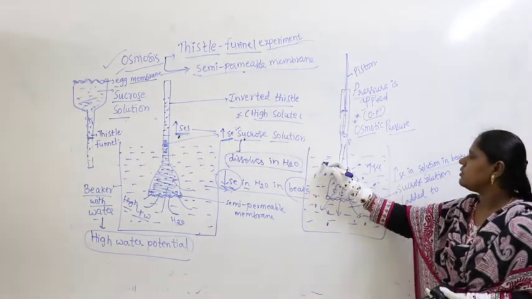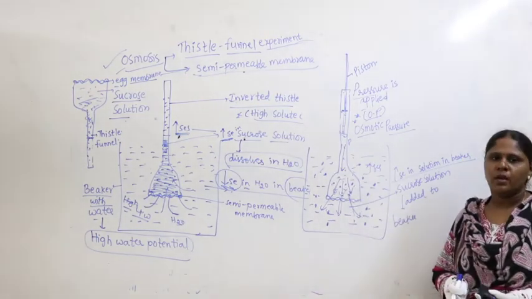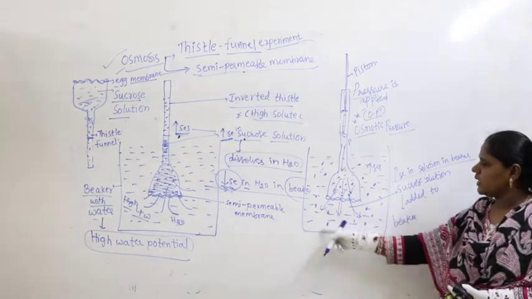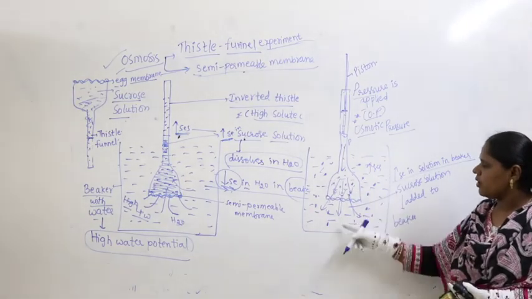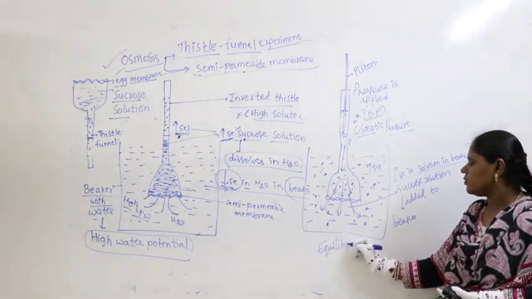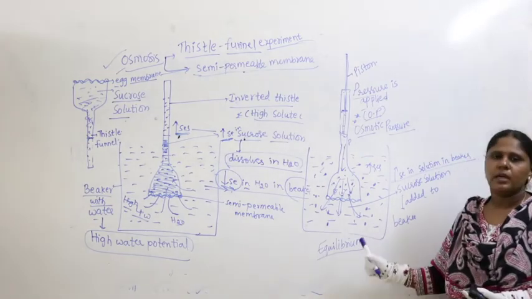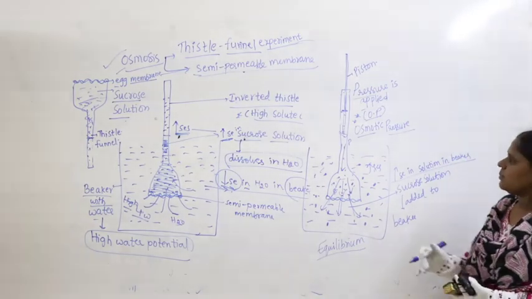Now the sucrose molecules come out across the semi-permeable membrane and get distributed equally in all directions along with the water within the beaker. How long does this occur? Until it reaches equilibrium. Now what is happening here?